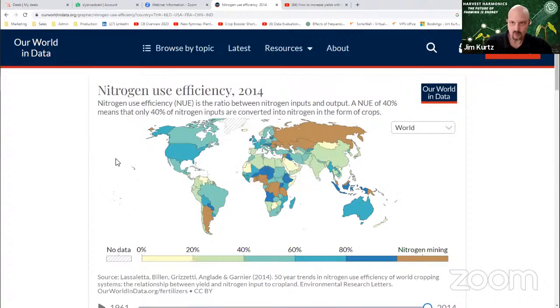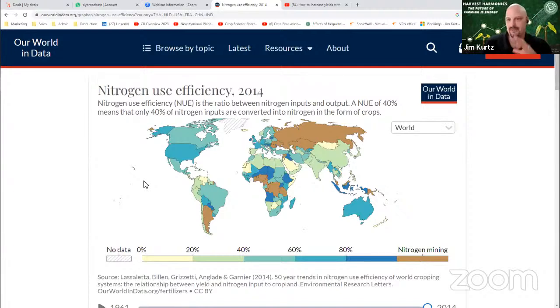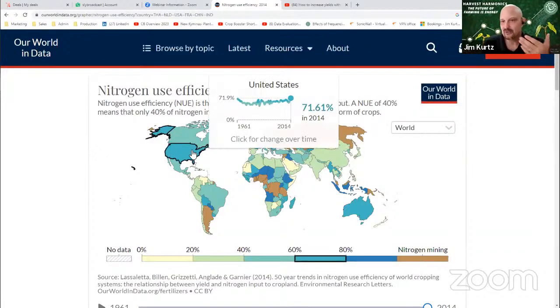When you look at this map, you're going to see on a country level how much nitrogen is being used and how efficient these countries are. What this means is they take the ratio between the nitrogen inputs and output, the nitrogen being used in a particular country for agriculture versus the amount of productivity, and they get a percentage that way.